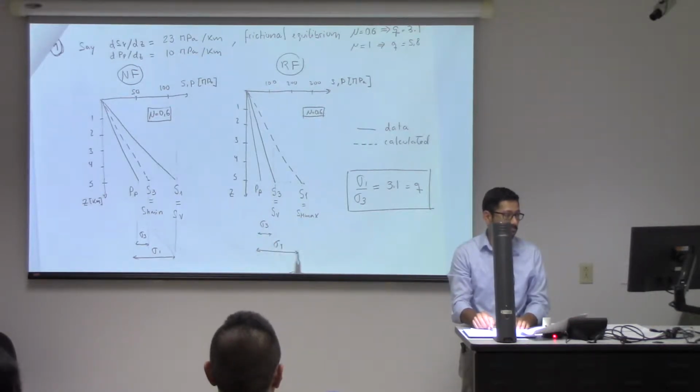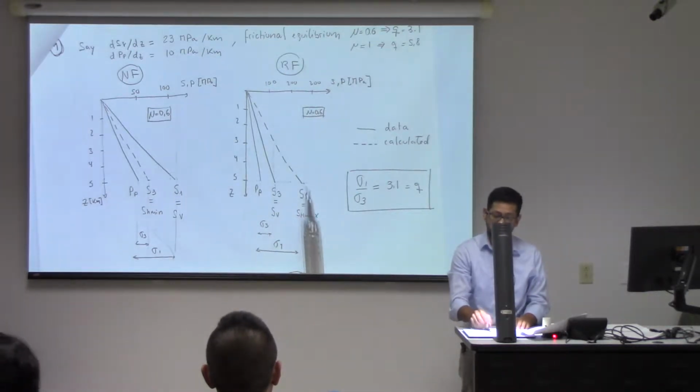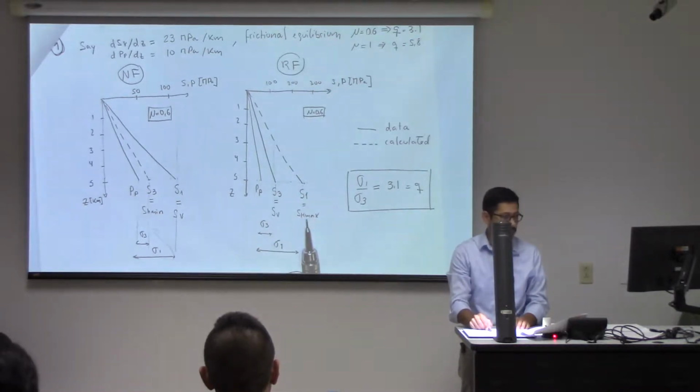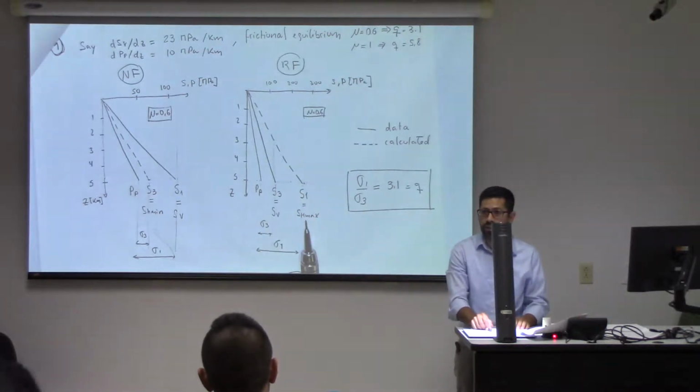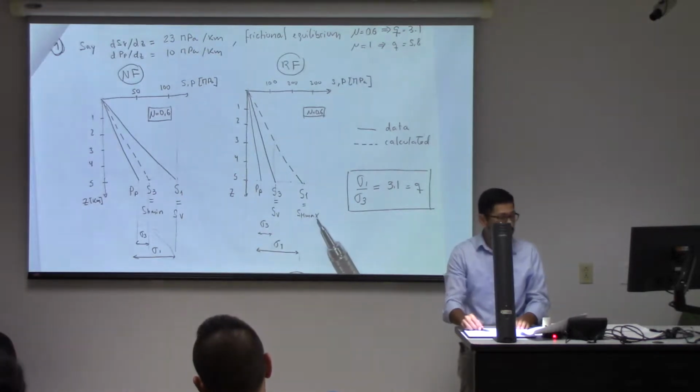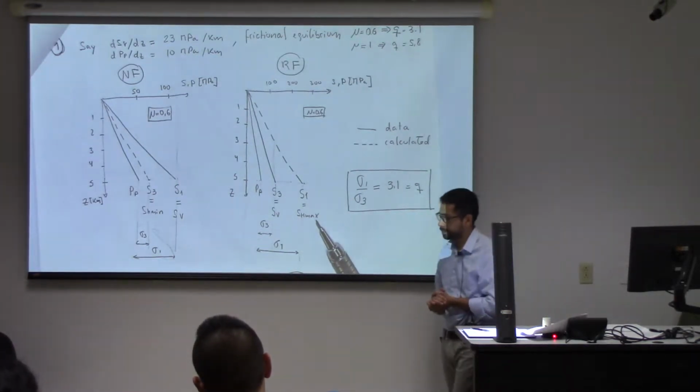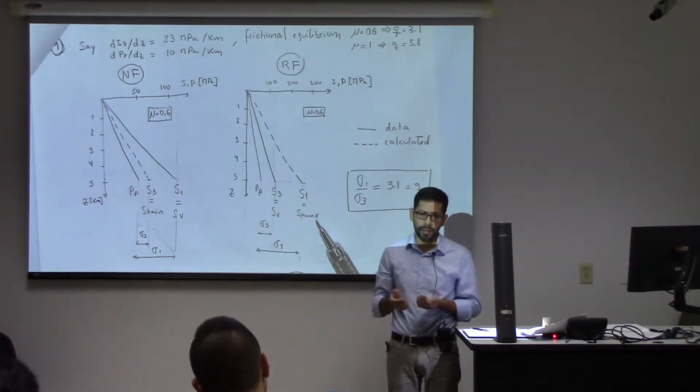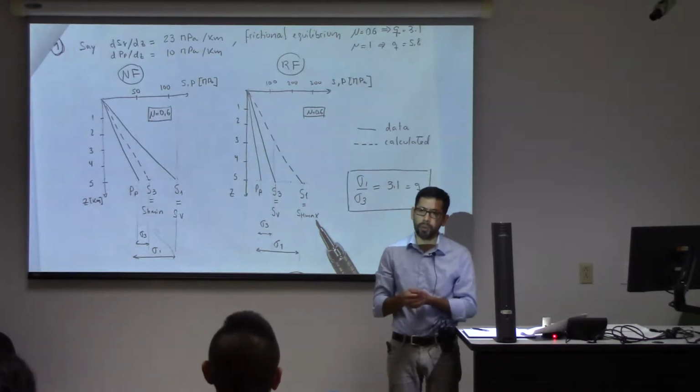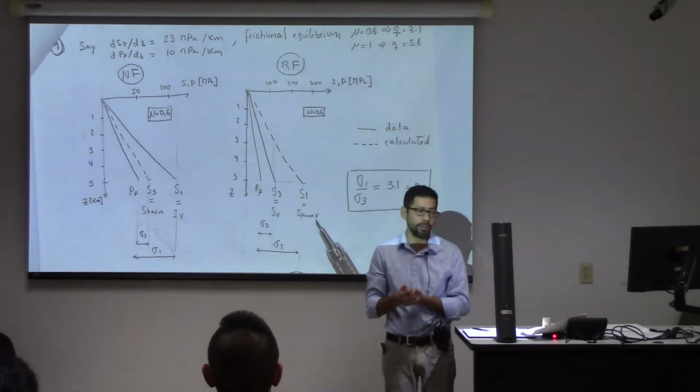So sigma 1 for this case is going to be about 3 times sigma 3. So that one is S1, and since this is reverse faulting, this is going to be SH max. So all of these problems, they just consist on recognizing what is sigma 1 and what is sigma 3. And that depends on the faulting regime.